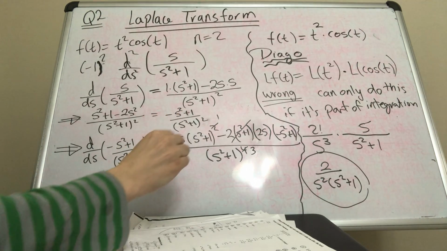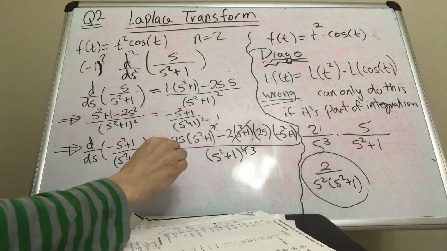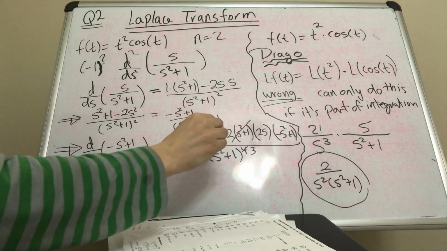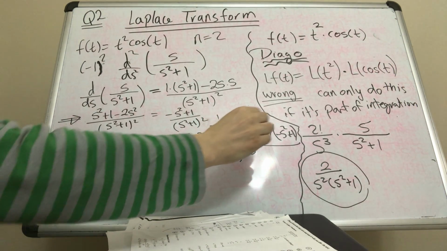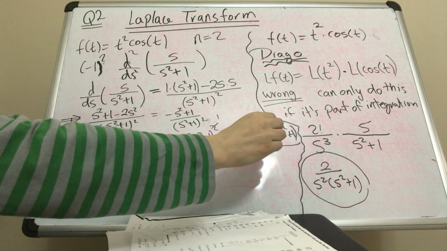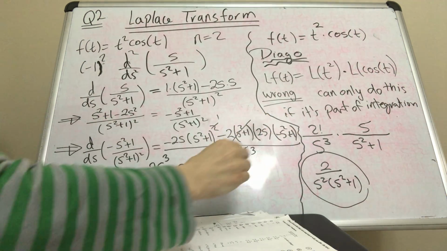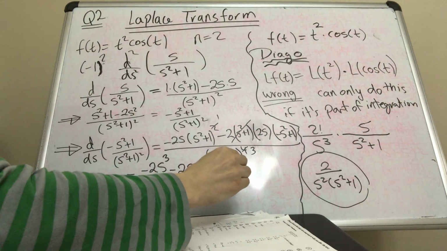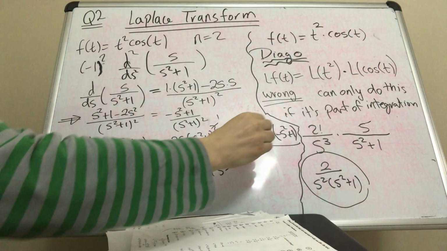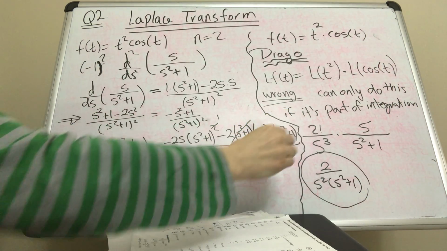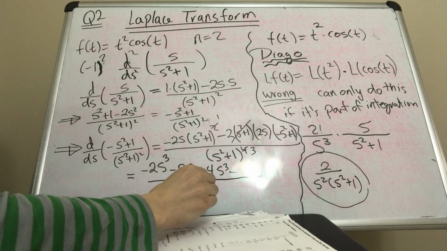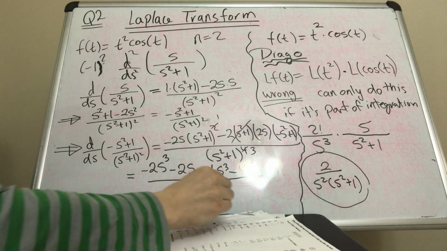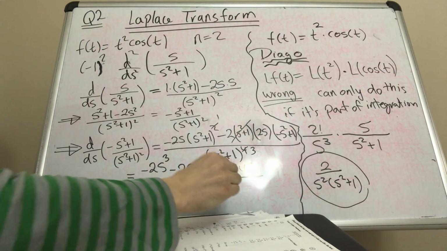Take this one inside, minus 2s cubed, minus 2s, minus 2 times this is minus 4s, times this plus 4s cubed, and minus 4s times 1 is minus 4s, over s squared plus 1 cubed.